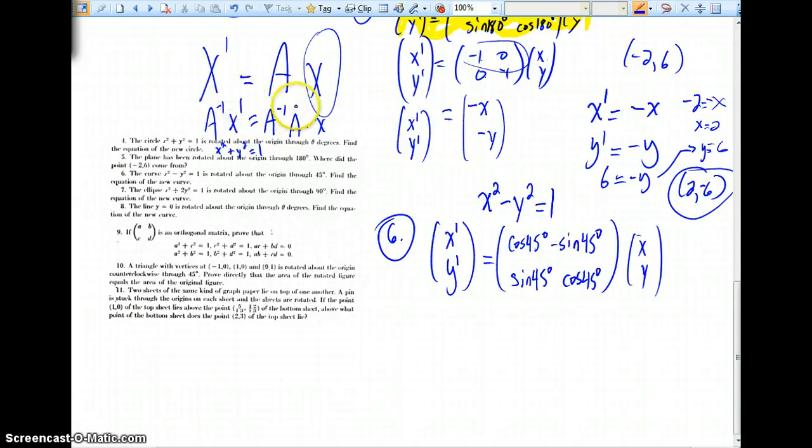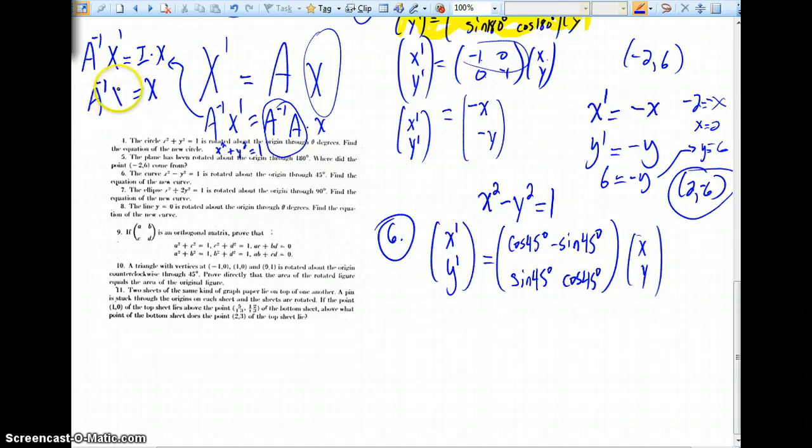Now, what am I really getting at? A inverse times A is going to be the identity matrix, I. So if we continue up here, the left side is A inverse X prime. The right side would be the identity matrix times X, and of course there's X. The identity matrix times anything is itself.